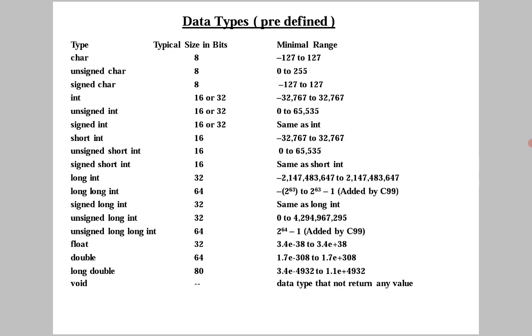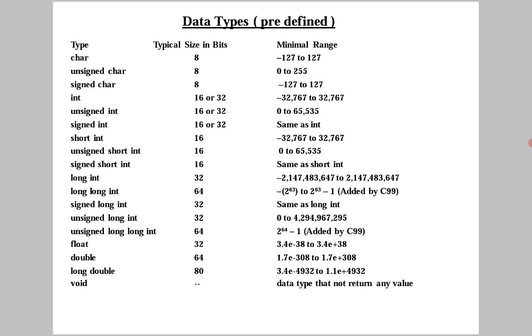Again, the character data type has different categories: unsigned char and signed char.